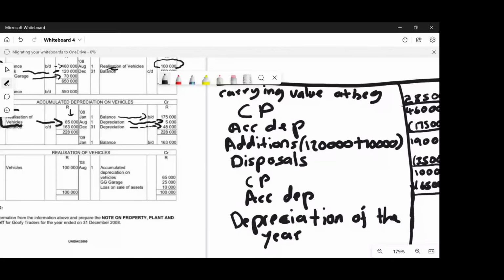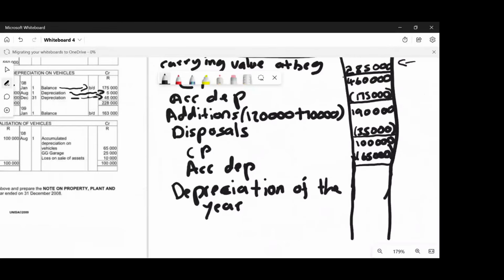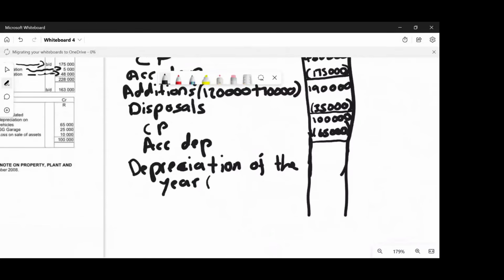How much do you get if you add the two? 53,000. It's also in brackets because it's a negative figure, 53,000.